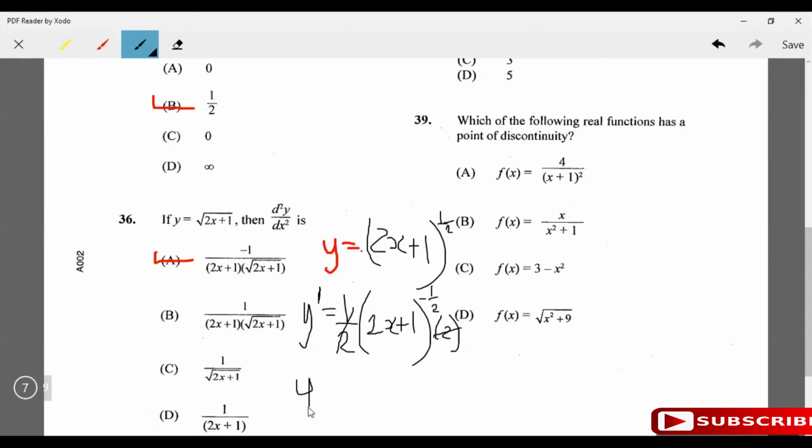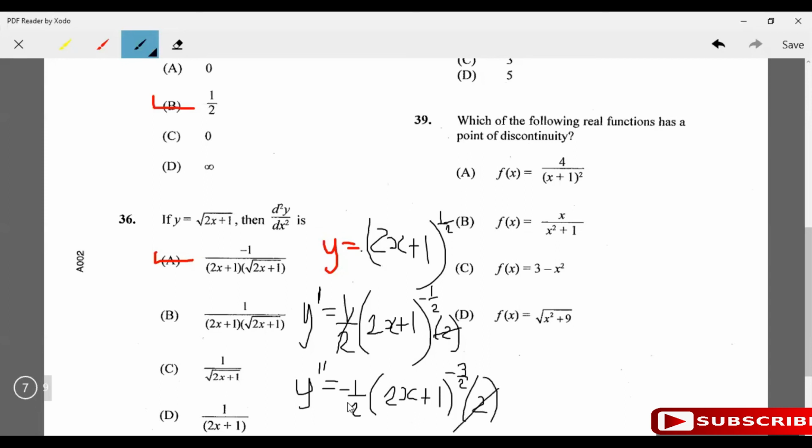And now the second derivative, y double prime, is going to be: bring down the negative a half, subtract 1 from the power, so 2x plus 1 to the negative a half minus 1, which is negative 3 over 2, times the differential inside the bracket, which is 2.